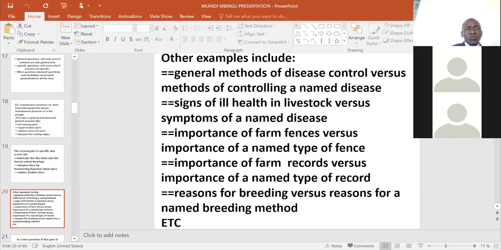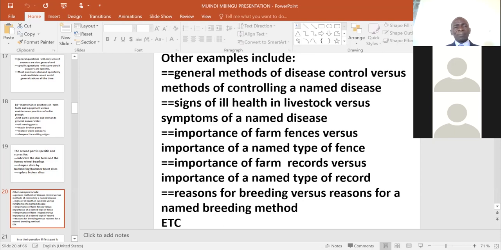Other areas where you may encounter general questions or specific questions include general methods of disease control. In livestock, you may be asked to explain 5 general methods of controlling livestock diseases.